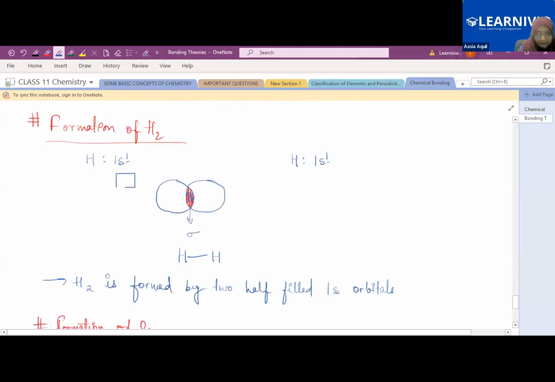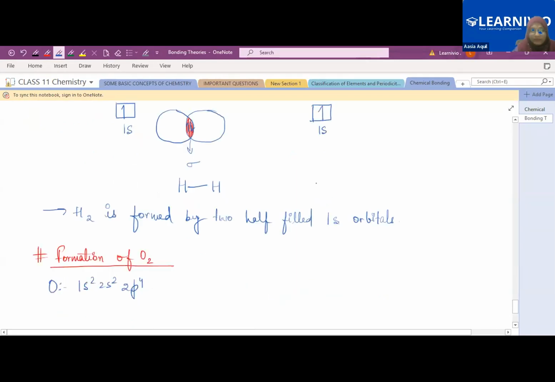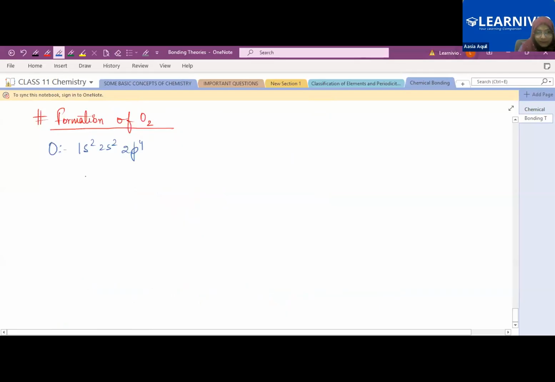How many unpaired electrons? Only one. Similarly, just draw the orbitals of oxygen. So this is your 1s, this is your 2s, and this is your 2p.